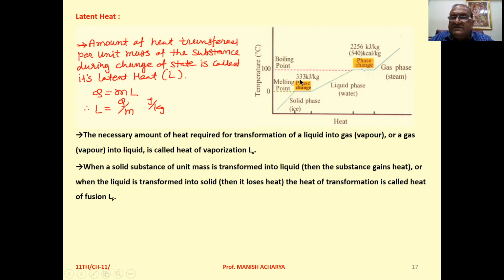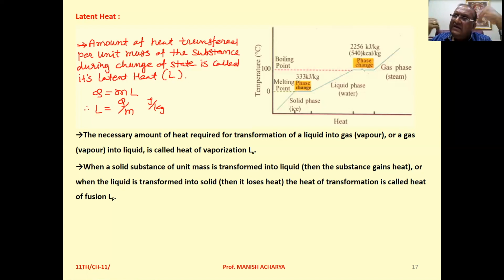Just for information, 333 kilojoules of heat will be utilized per kilogram to melt the ice. Once the entire amount of ice is melted, the water formed will also be at 0 degrees Celsius. Now, see, the heat supply is constant.